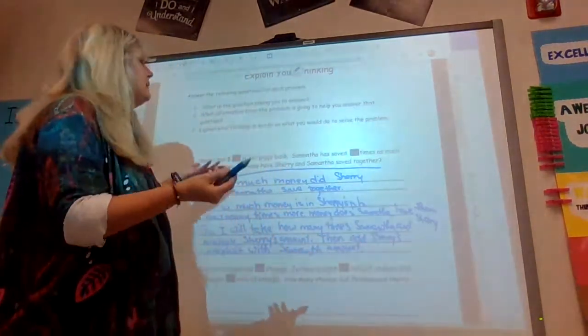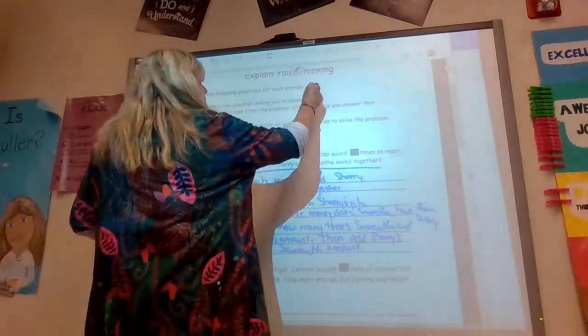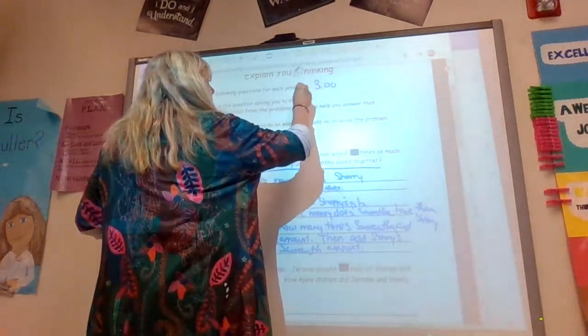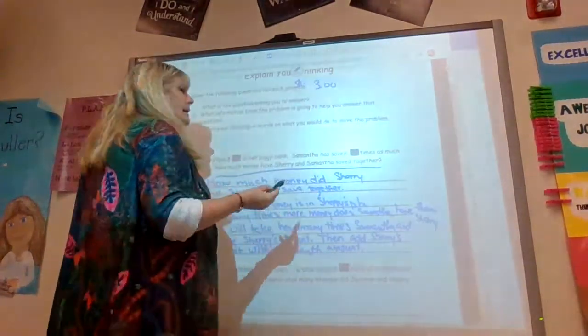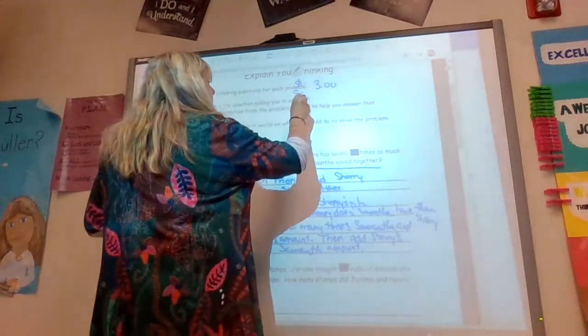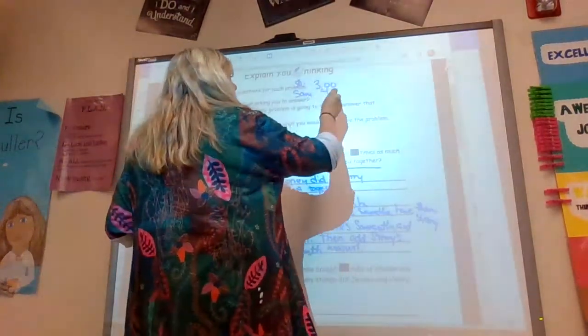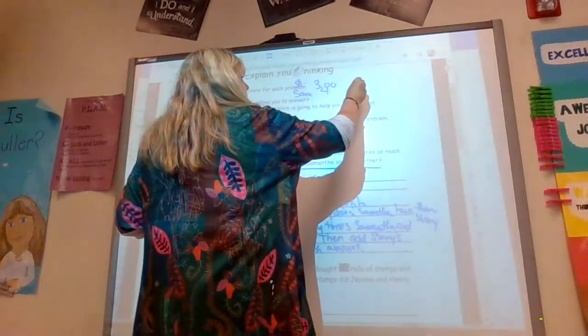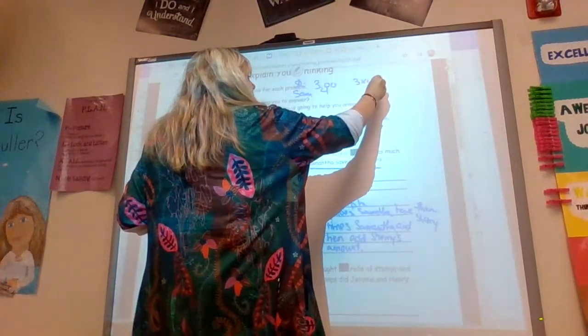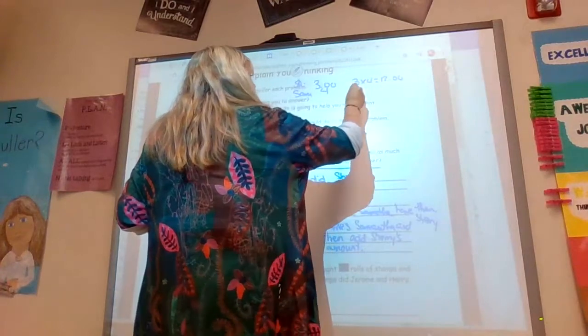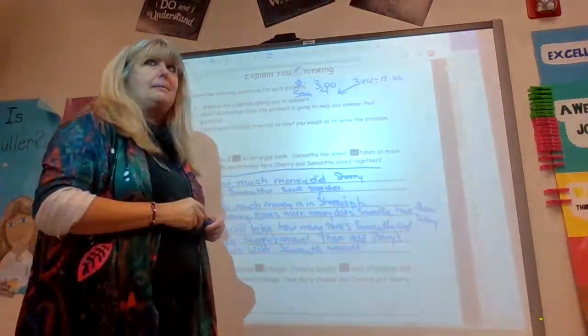So let's say Sherry has $3 in her piggy bank. This is Sherry's. And let's say Sam has 4 times as much as Sherry. So I would say 3 times 4 is $12. That is only going to give me Sam's amount.